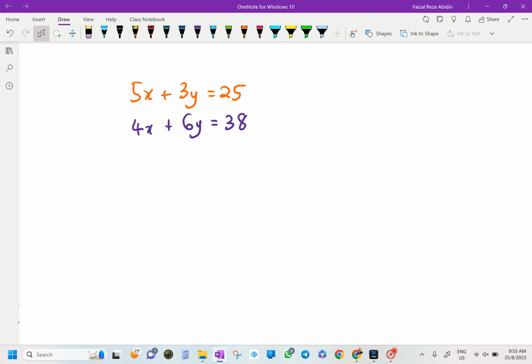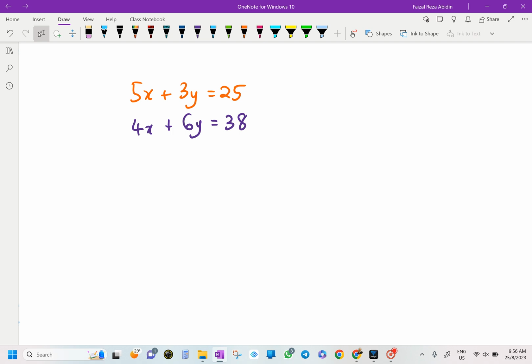You can have either x or y because the coefficient is positive 1. But here, we don't have any coefficient of 1, isn't it? So it's a little bit complicated if you want to use substitution.